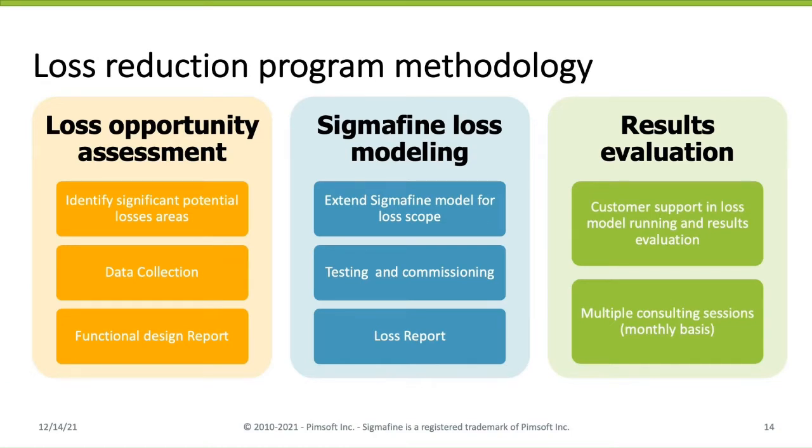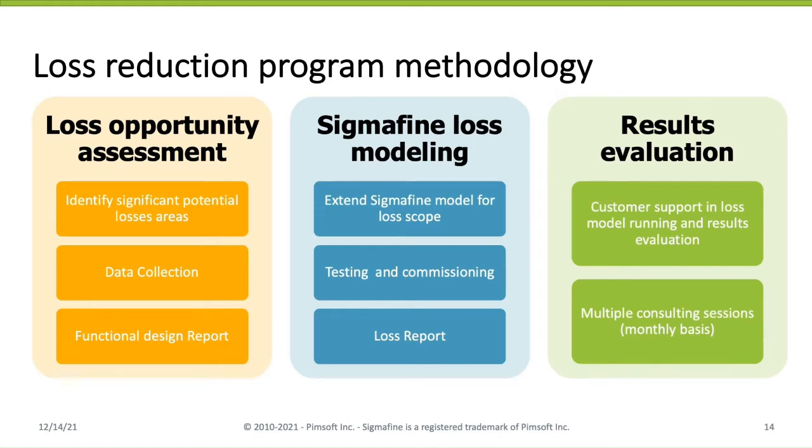And from the baseline, you will make up a potential target and then create a set of actions to be taken. Actions that are twofold. On one side, on the balance, and we have seen how the introduction of Sigmafine can improve the values. On the other side, on the instrumentation.